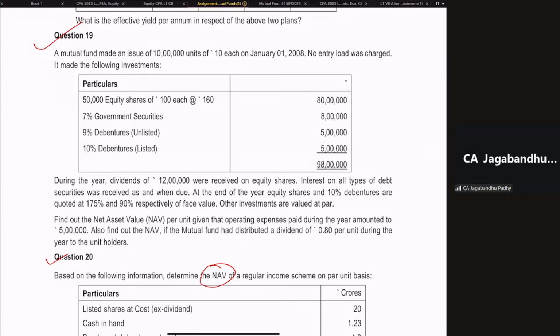Will you be able to do it? Question 19, guys. You have to first get the cash balances.